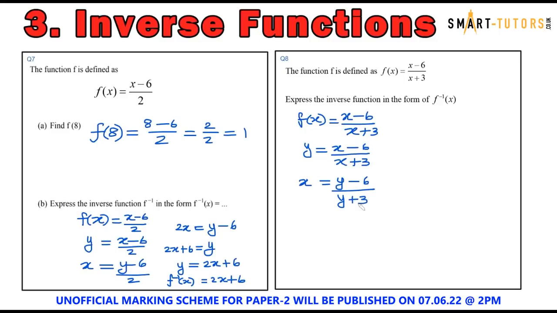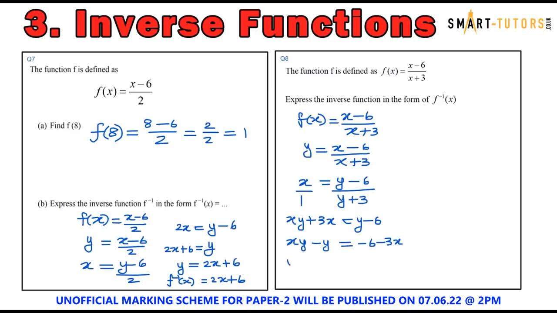Now we are going to cross multiply, so x over 1, so cross multiply: xy plus 3x equal y minus 6. Bring y to one side, so I'm going to bring it: xy minus y equal minus 6 minus 3x.